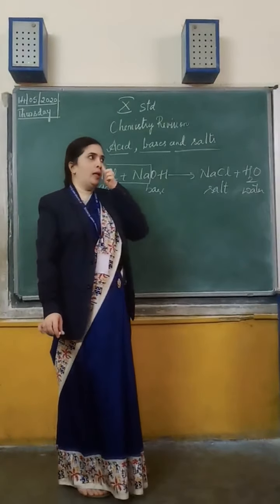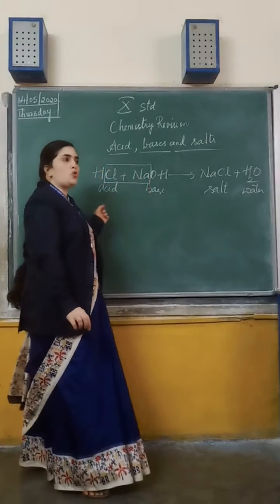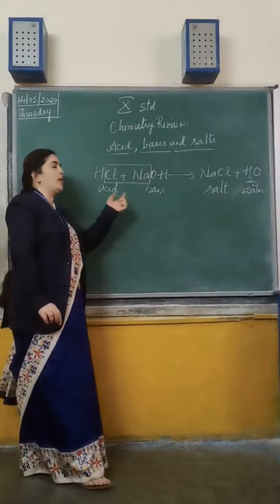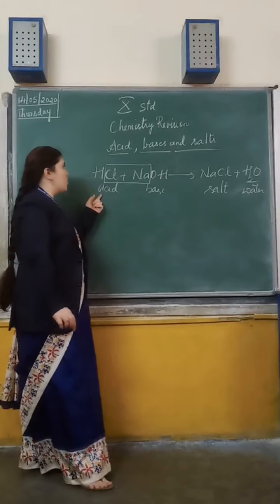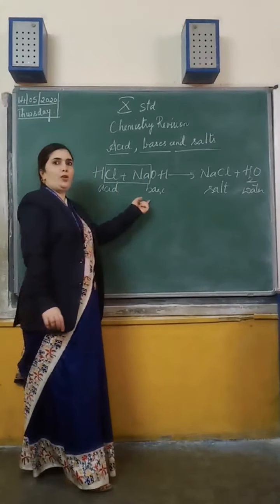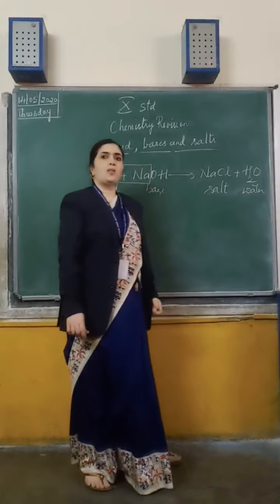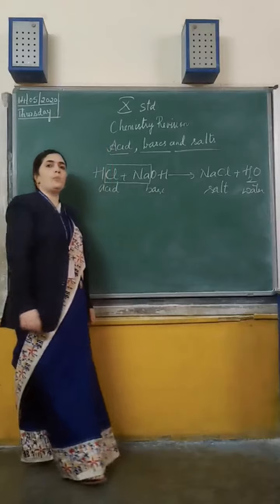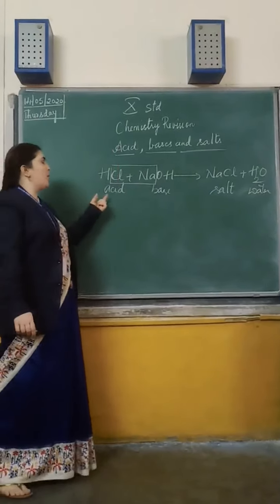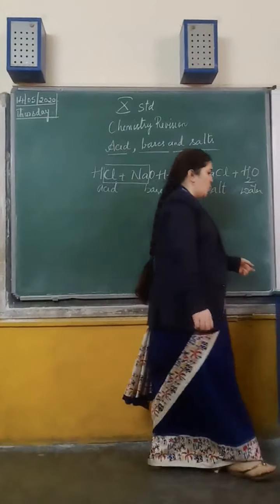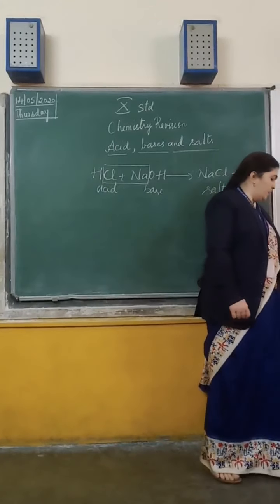When you take a strong acid and use a weak base, you will get an acidic salt. So salts can be acidic or basic depending on what type of acid and base you are taking. That is not so important.